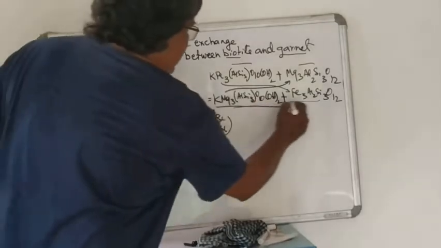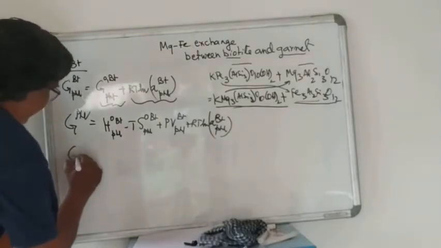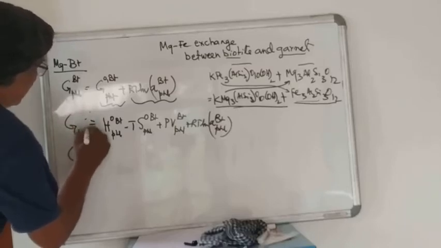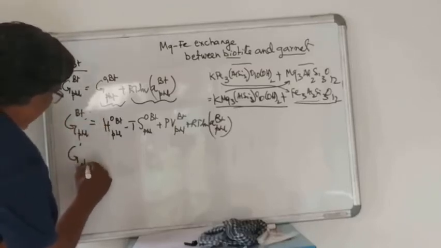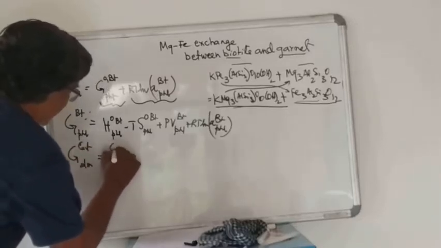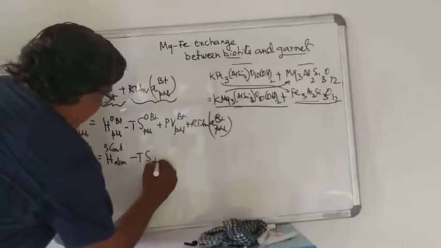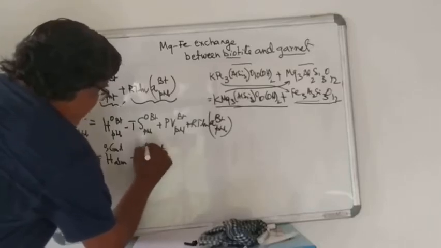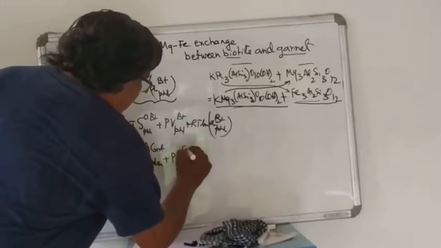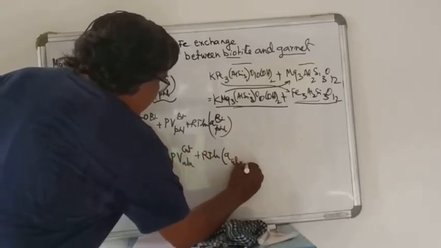So there will be another, very similar equation for almandine. We write almandine in garnet is equal to H0 of almandine in garnet, minus T S0 of almandine in garnet, plus P into V of almandine in garnet, plus RT ln activity of almandine in garnet.